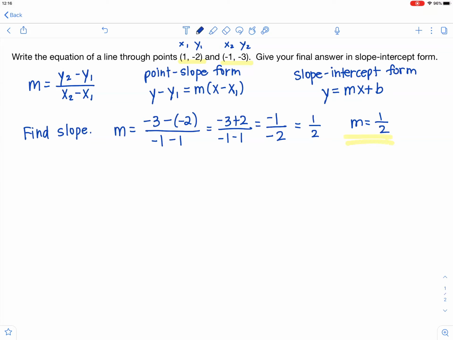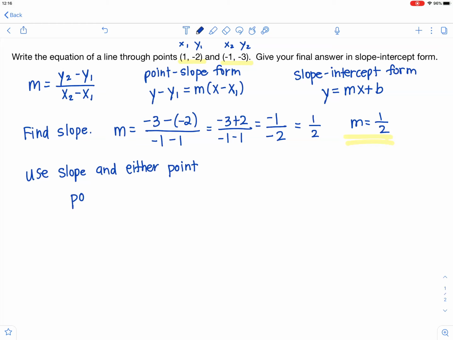So now from here we have the slope, and we can use either point. So we will use the slope and either of our given points. So let's just say we're going to use the 1 comma negative 2. Option 1 is to use point slope form.